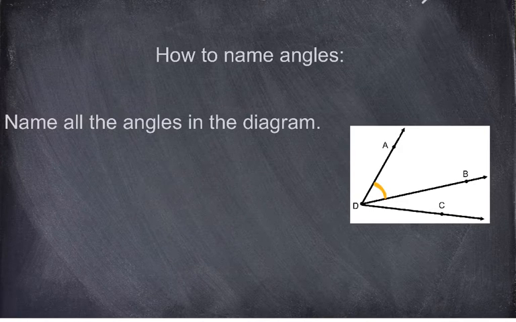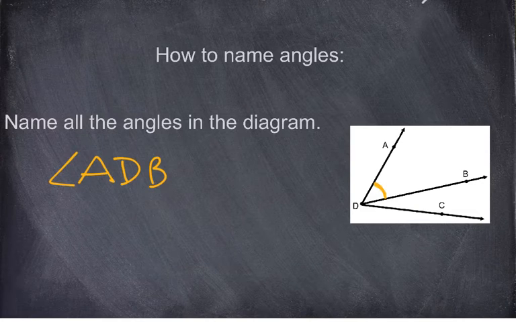But it's very vital that the vertex is the middle letter. So the way we would label that is we would say angle, we use the angle symbol, angle ADB, because D is the vertex.